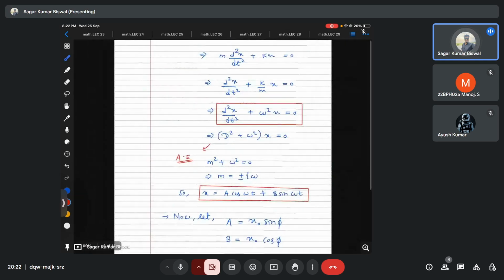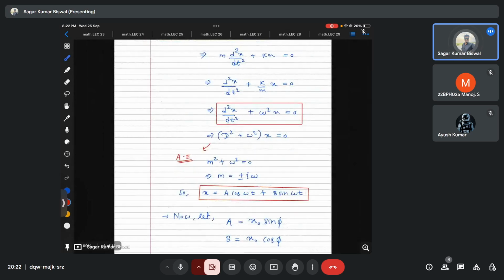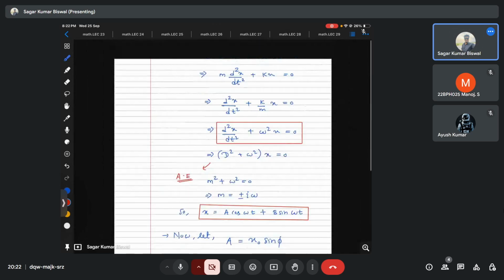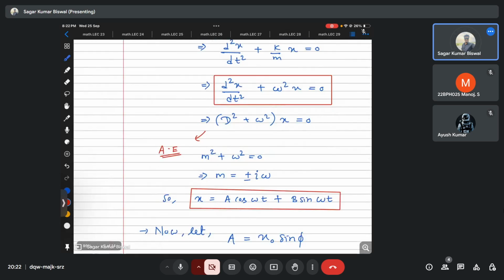So this is all about the simple harmonic oscillator and this differential equation and how to solve this differential equation, right? Using the methods we learned in the previous classes. This is the differential equation, this is the auxiliary equation.